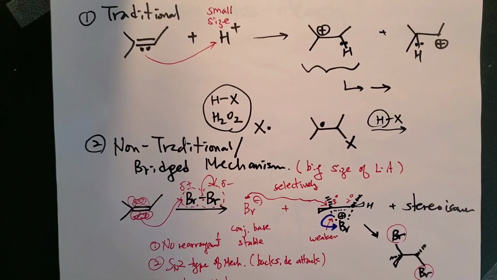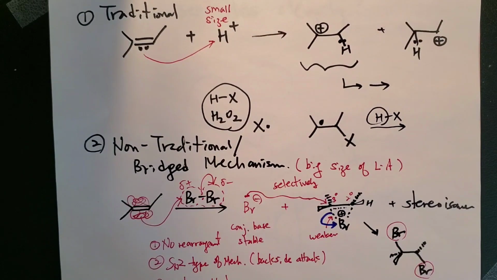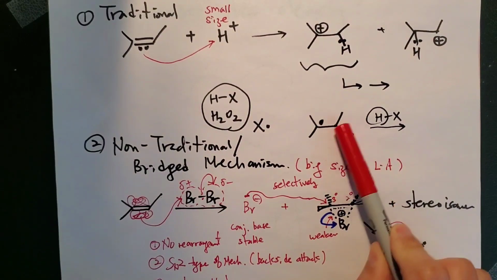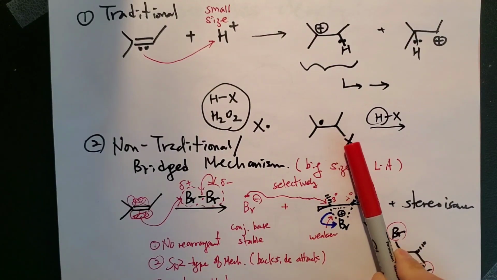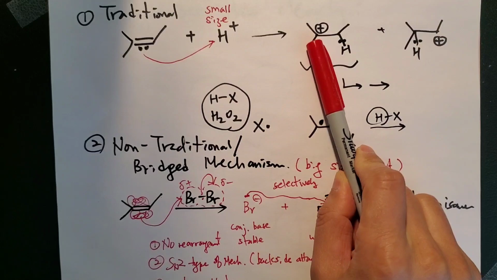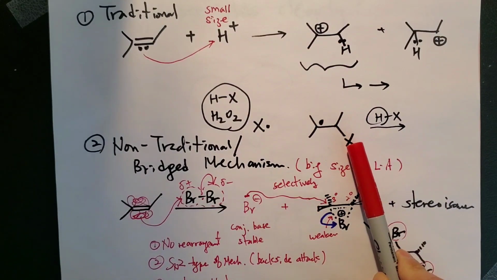Anti-addition and syn addition, which we'll see soon, refer to whether the two groups added to a double bond are in the anti location, or sometimes they could be on the same side. Then we will call that a syn addition. Markovnikov was referring to connectivity, whether the nucleophile added to the more substituted carbon or less substituted carbon.